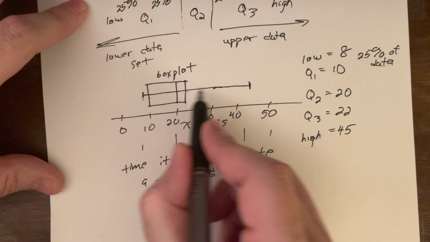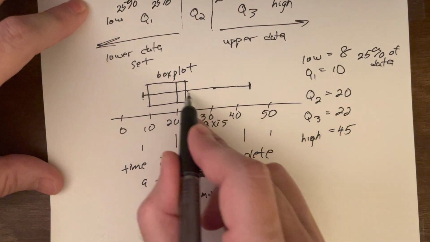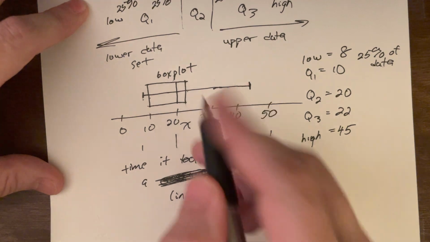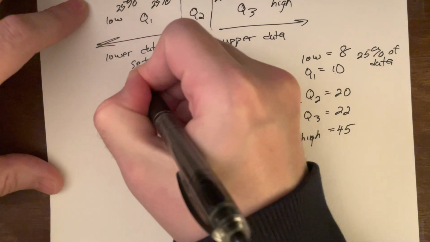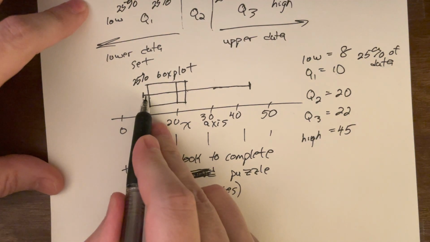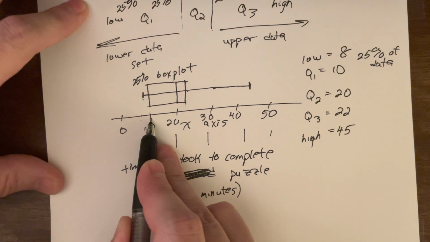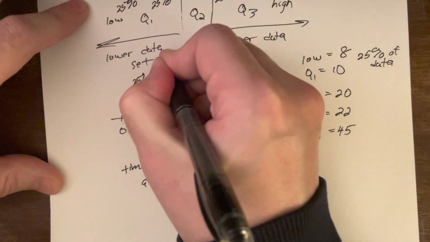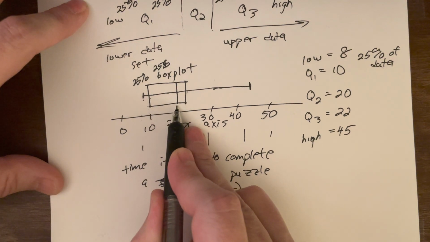And then jump out here, people see this bigger gap and they go, oh, there's lots of people out here. That's not it at all. All the people who completed this puzzle, 25% of them completed that puzzle between 8 and 10 minutes. And then we got another 25% of the people completed the puzzle between 10 and 20 minutes.